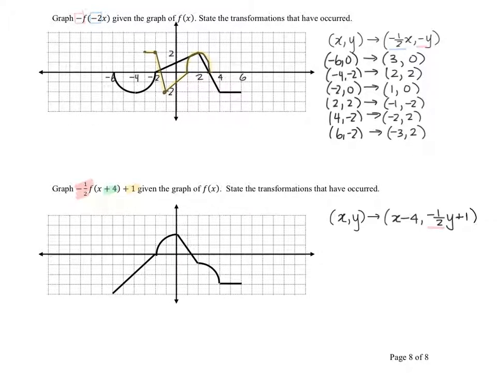That's our A, here's our C, this is our D. Okay, and because we don't have a B value, that means that this B value in front of x is just 1.